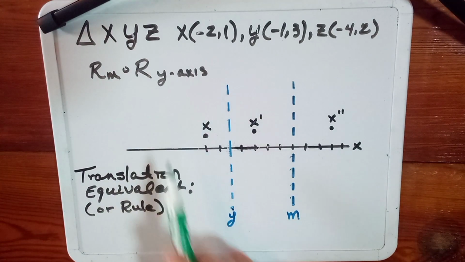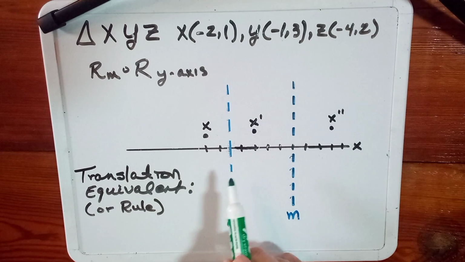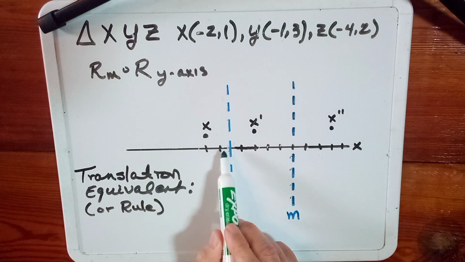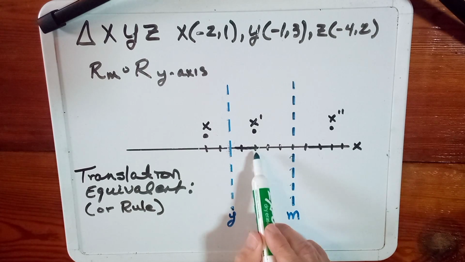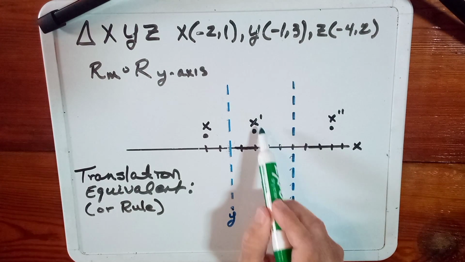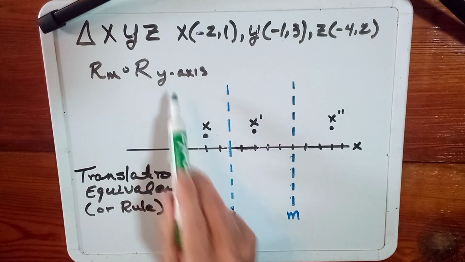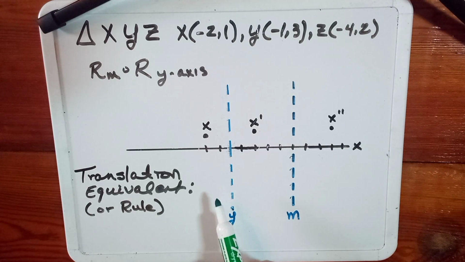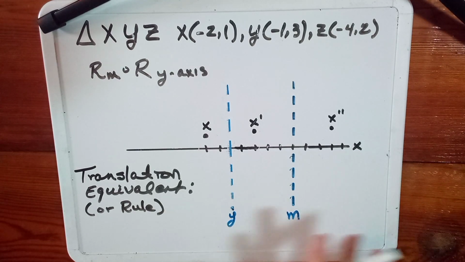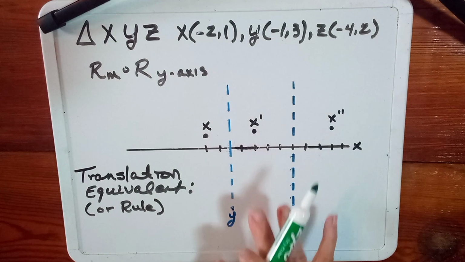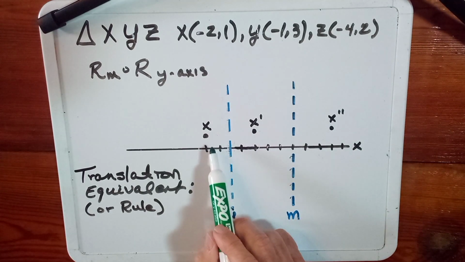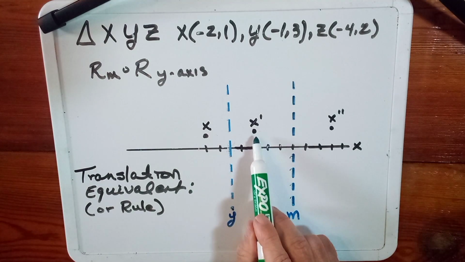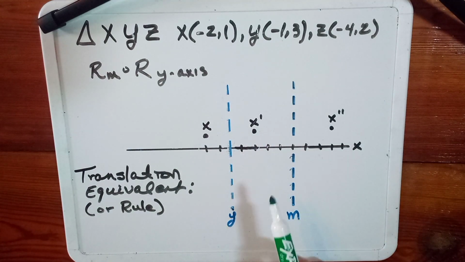The first thing I want to do is reflect it across the y-axis. If it's 2 to the left here, it's going to be 2 to the right here. So here's my first point of reflection across the y-axis. Notice I'm not doing anything with the y's. The y distance is going to stay the same. If it's up 1 here, which it is, it's going to be up 1 on the second reflection.